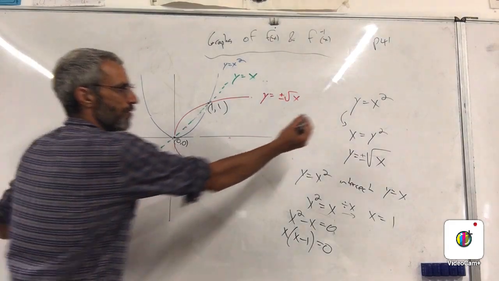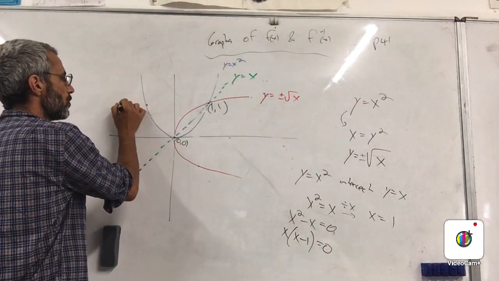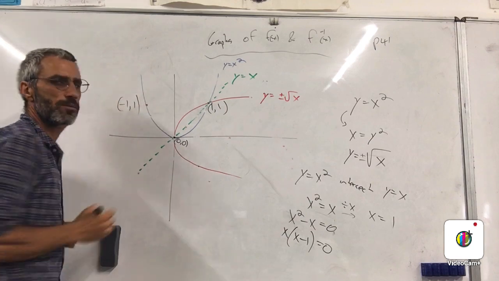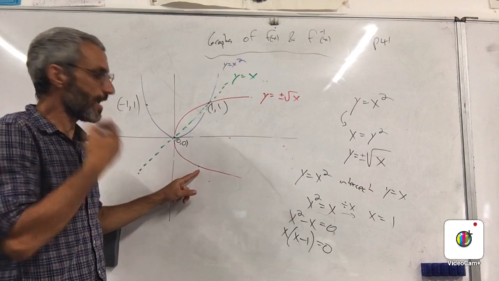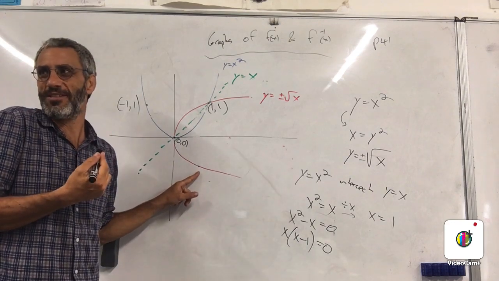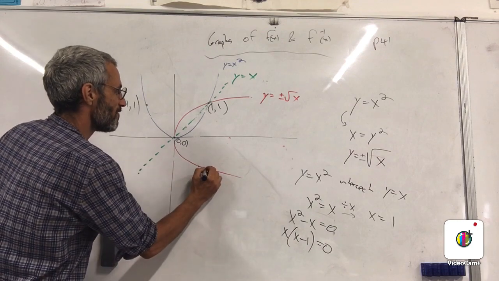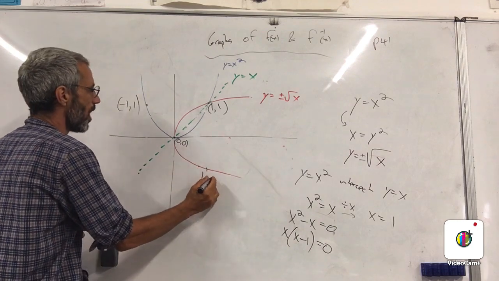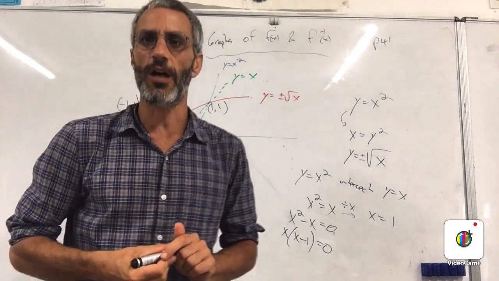Negative 1. If we put negative 1 here, what will be the y? 1. So it's going to be negative 1, 1. I can take any points, but remember, these things are symmetrical. So if I take positive 1, what will be the y? Negative 1. So you don't even need to calculate.